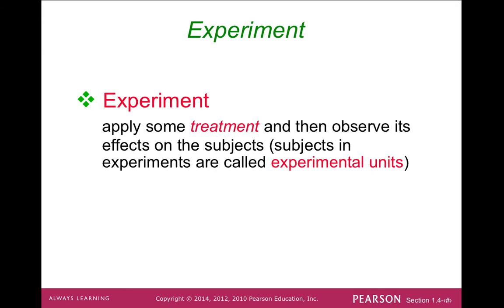And oftentimes what the researchers are looking for is to see what differences they see in the people who are taking the active drug versus the placebo. So again, they're applying some treatment. They're interfering in some way and then observing how that interference affects the subjects.